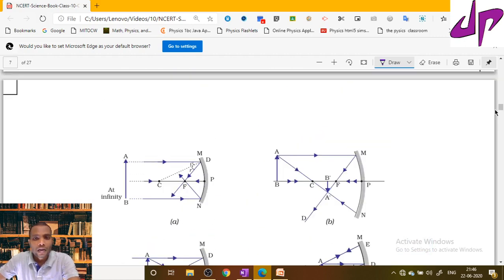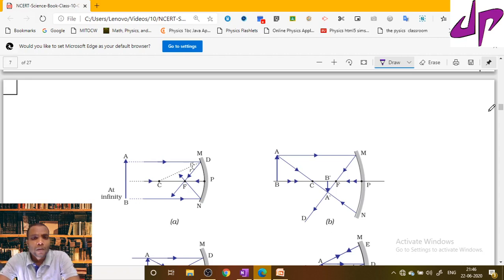We need to learn how to draw these ray diagrams, and we need to specify certain points by drawing for different positions of the object in front of the concave mirror.